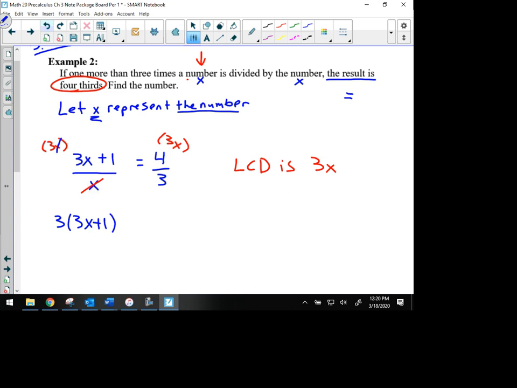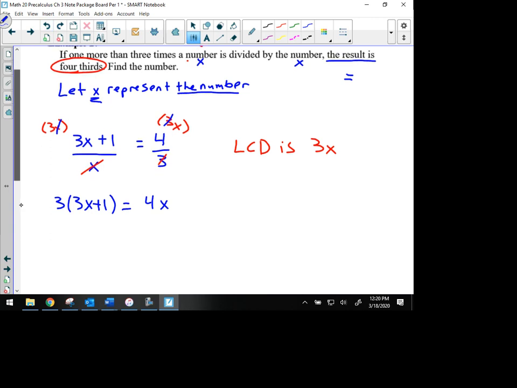On the right side of the equation, the 3 cancels and the x is left behind. So we have the x that we're multiplying by, multiplied by the 4 that's there already, so we can write that as 4x. The 3's cancel, we're left with 4x.